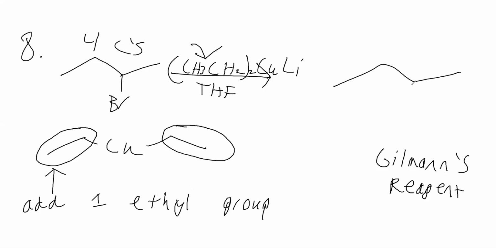So here's the skeleton, and that's where the bromine is. Now it's bonded to a carbon and another carbon because we added an ethyl group. So that's the product. When you react an alkyl halide with a Gilman's reagent, which is this copper complex with some carbons, in ether, it just forms a carbon-carbon bond where the alkyl halide was.